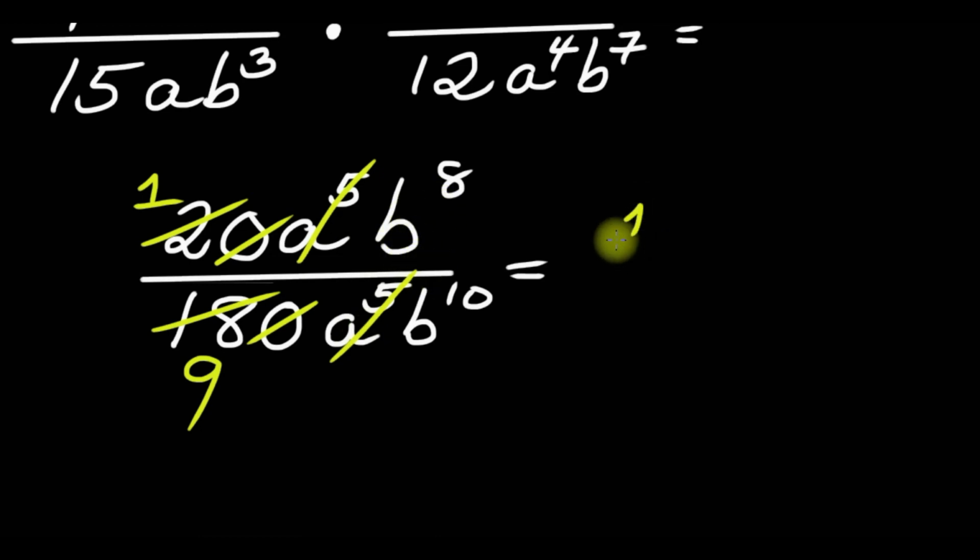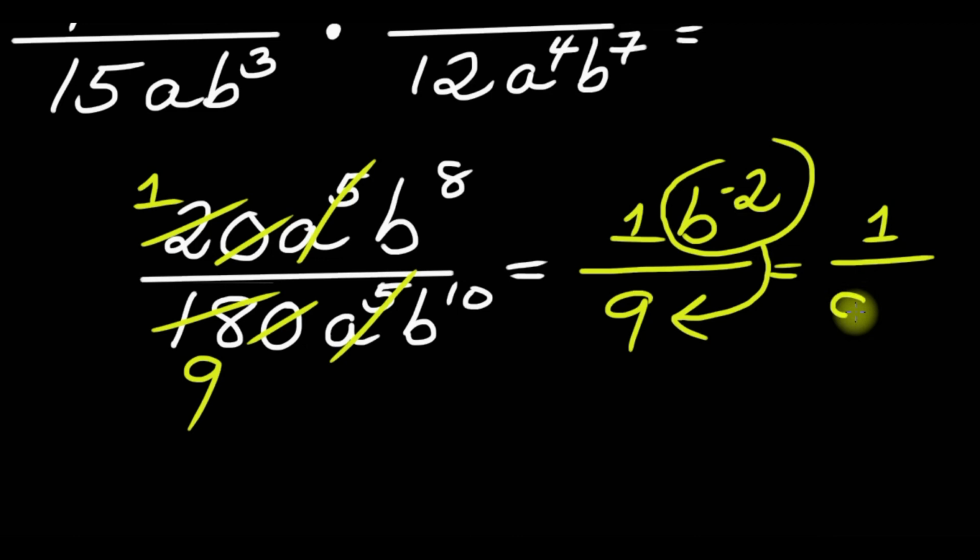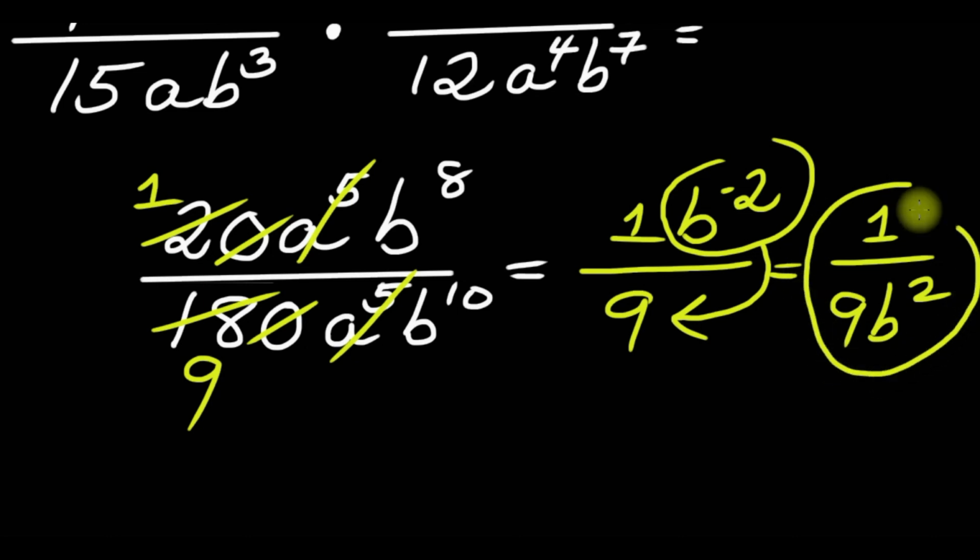So you got 1 over 9. And then b to the 8 take away 10 is going to be negative 2. But then again, you cannot have a negative exponent. So that's going to go to the denominator with the 9. So you end up with 1 over 9 b squared. Okay, and then this would be your final answer.